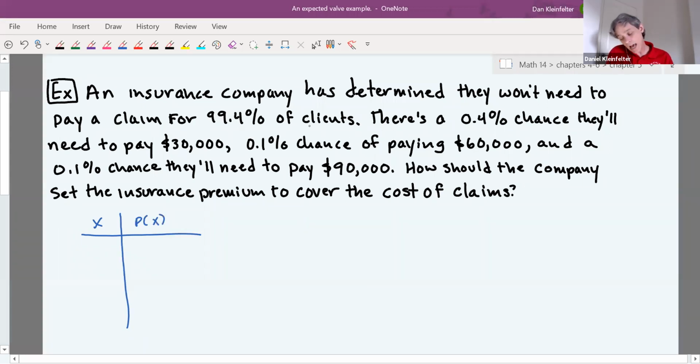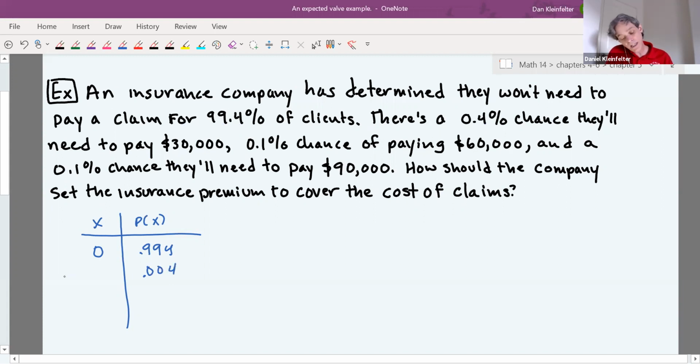So the first outcome is 0, basically. They're not going to pay a claim for 99.4% of their clients. So I'm going to write that as a decimal, 0.994. And then there's a 0.4% chance that they'll need to pay $30,000. So 0.4% chance is 0.004.